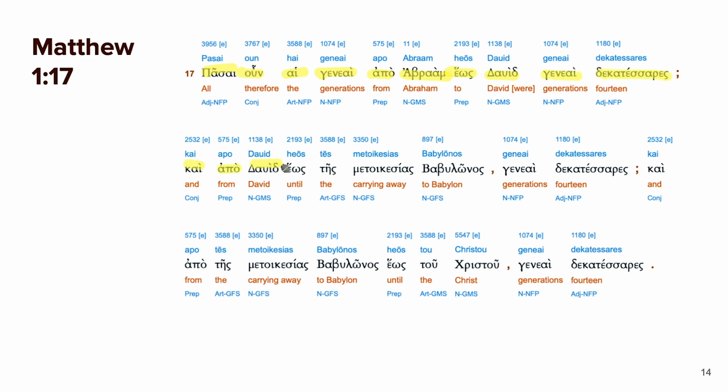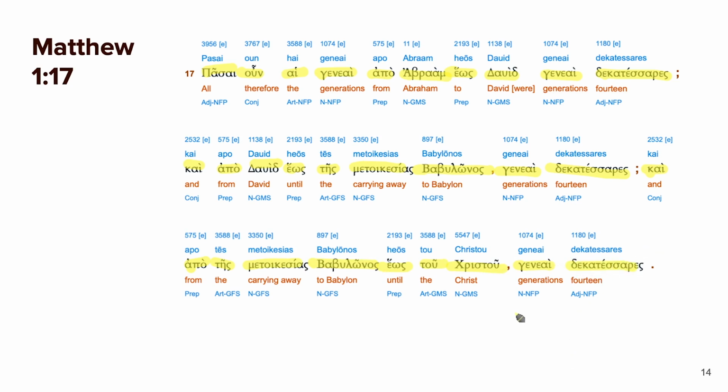Kai apo David heos tes metoikesias Babylonas geneai decatesseres. Kai apo tes metoikesias Babylonas heos tu Christu geneai decatesseres.